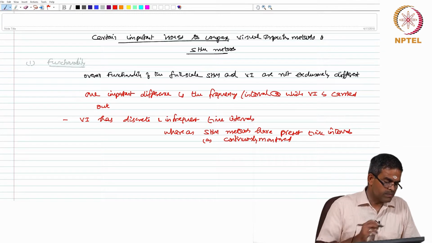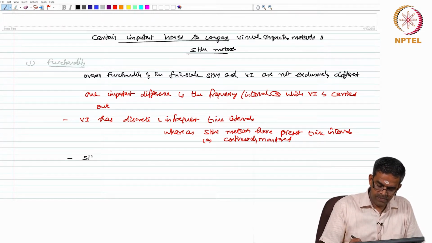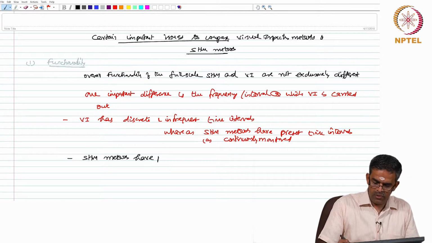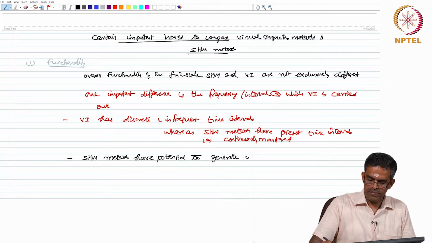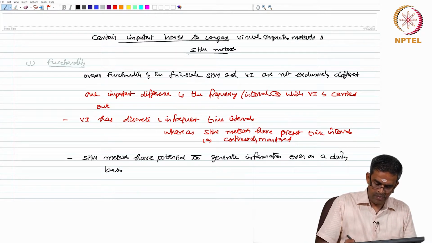So, therefore, structural health monitoring methods have the potential to generate information even on a daily basis. Visual inspection methods cannot do this.